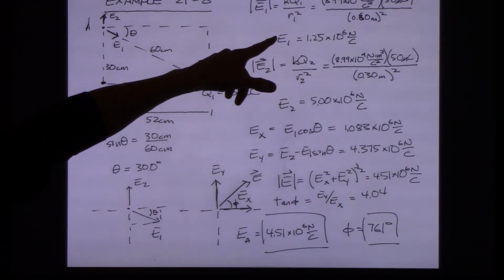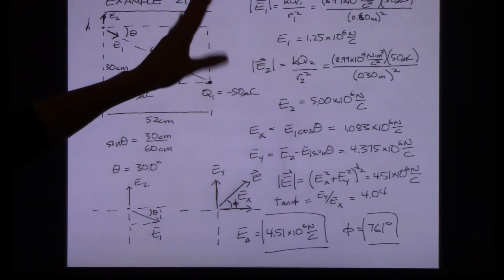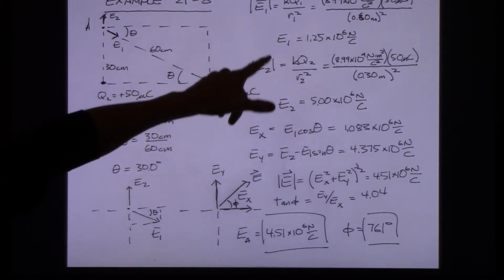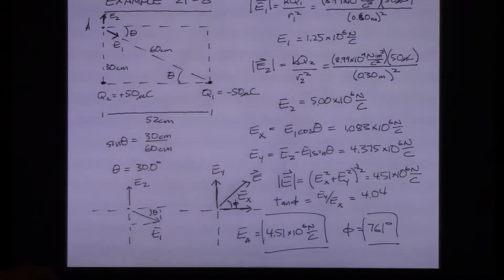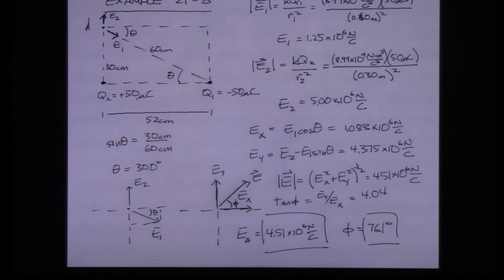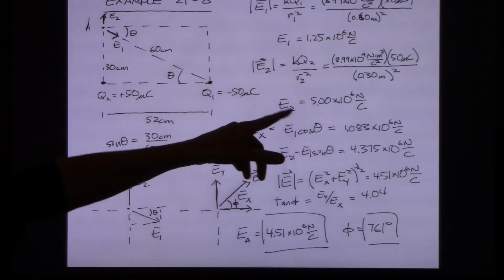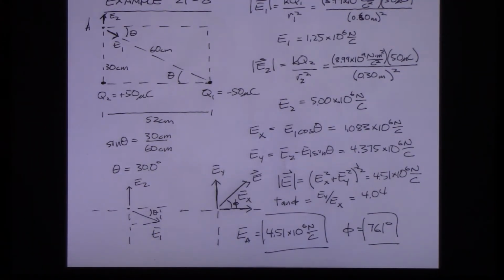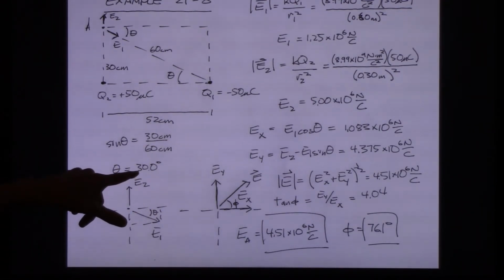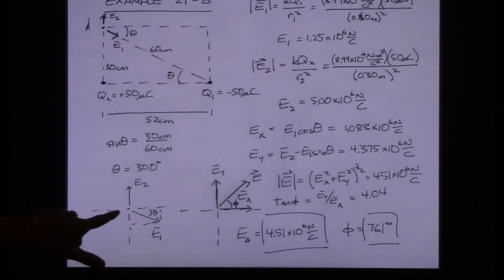So kQ1 over R1 squared, I can treat the charges as all being positive, or just look at the magnitudes. And I'm getting electric field magnitudes of 1.25 times 10 to the 6th, million newtons per coulomb, and 5 times 10 to the 6 newtons per coulomb. And I went through and once again determined my angle. The angle here was 30 degrees. And so I've got a diagram that looks like this.